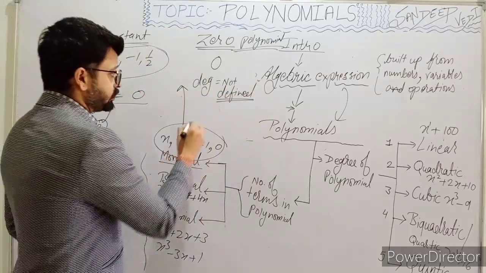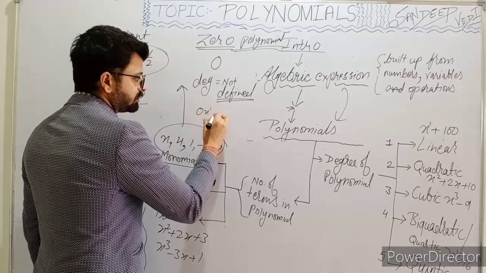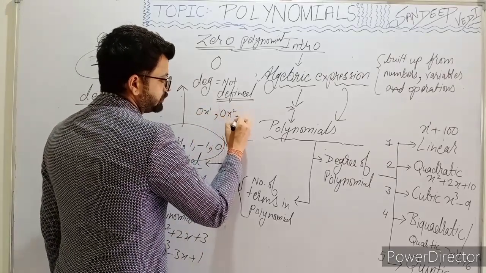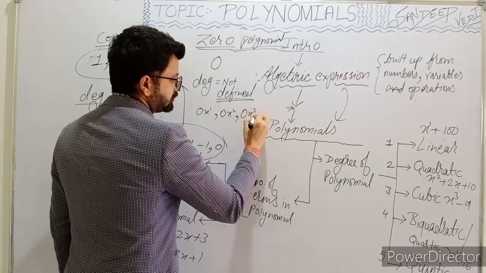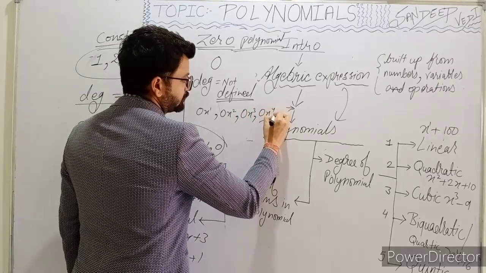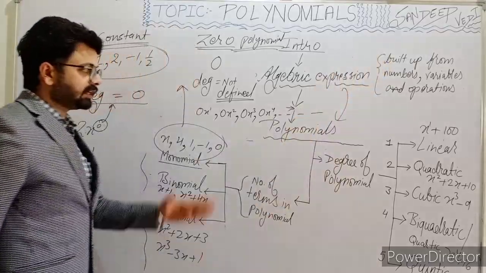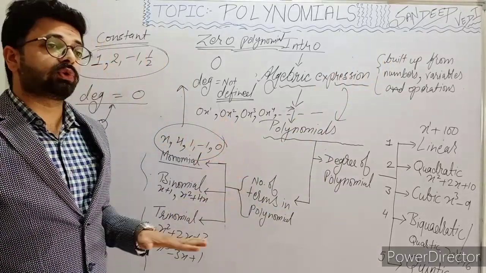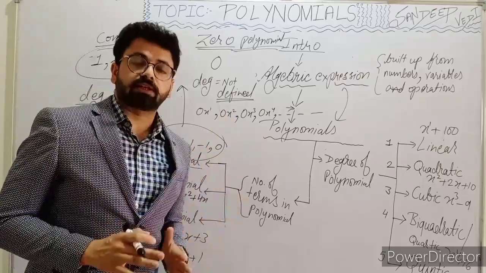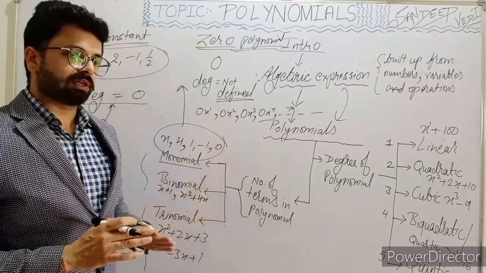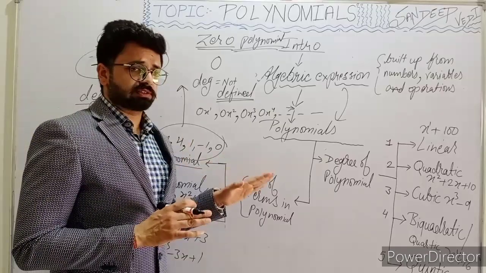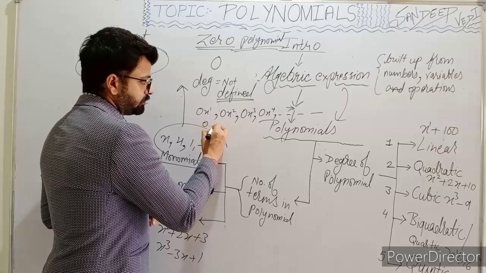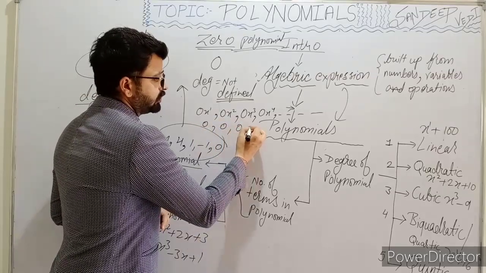0 I can write as 0x raised to the power 1, then also 0 will come. 0x raised to the power 2, 0x raised to the power 3, 0x raised to the power 4. I can write up to infinity. Here it is very difficult to determine what exactly the degree of this polynomial is. Every term is 0.